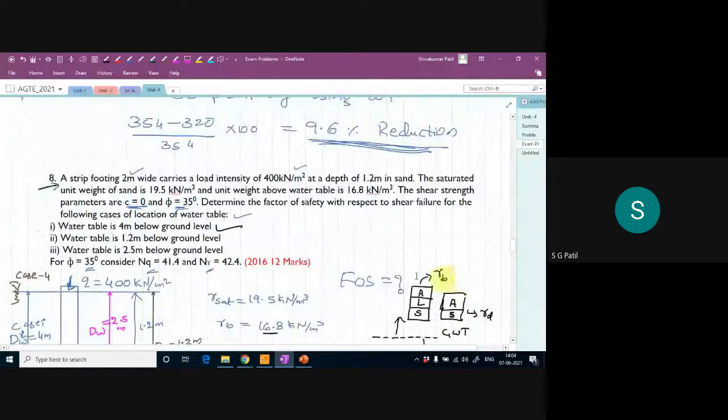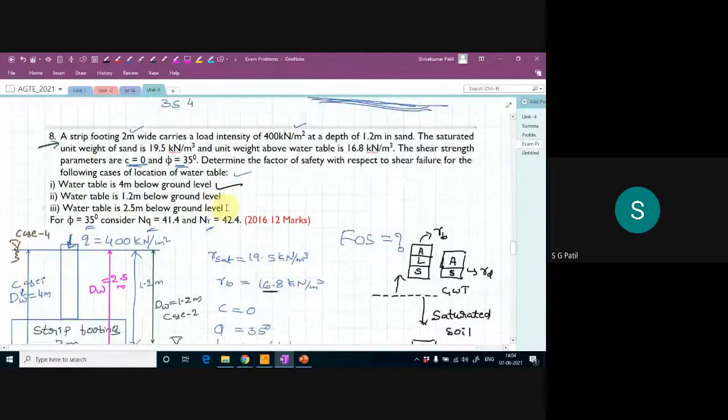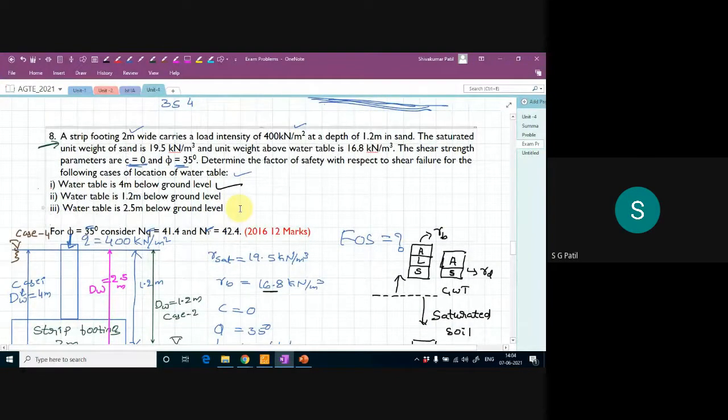So let me put here one more: fourth case, water table is at the ground level.